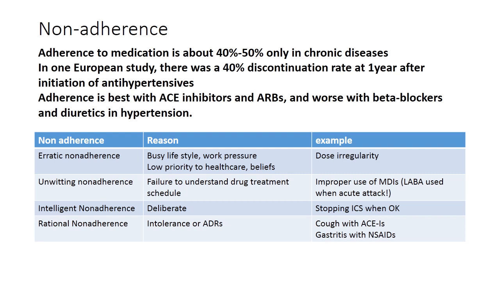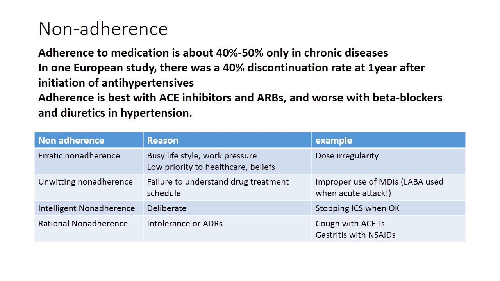Erratic non-adherence is because of the busy lifestyle which I discussed earlier. Unwitting non-adherence is because of poor medication literacy. Intelligent non-adherence is because it is deliberate. Once bronchospasm goes, a patient with asthma may stop taking inhaled corticosteroids.